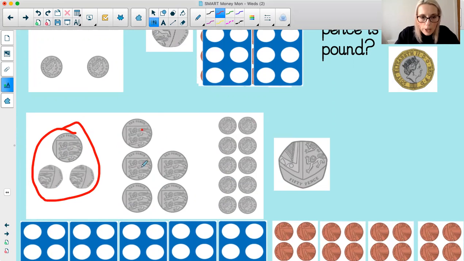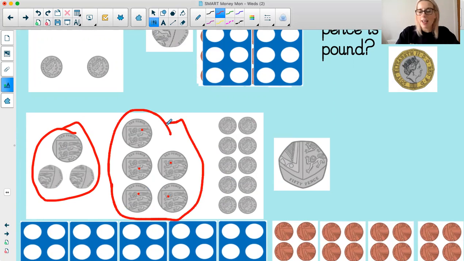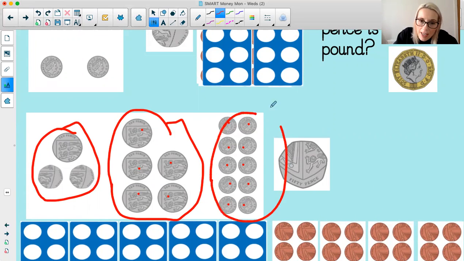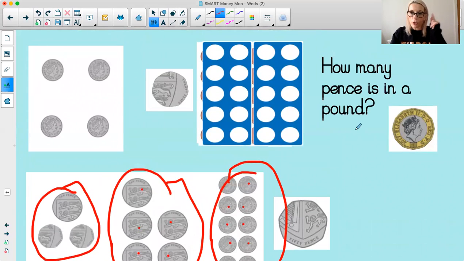We've got 1, 2, 3, 4, 5 10p pieces. That's the same as 50p. They are equal. And we've got 1, 2, 3, 4, 5, 6, 7, 8, 9, 10 5p pieces, which is the same as 50p. Now you can come back and have a look at this part of the video if you want to keep reminding yourselves of those ideas.